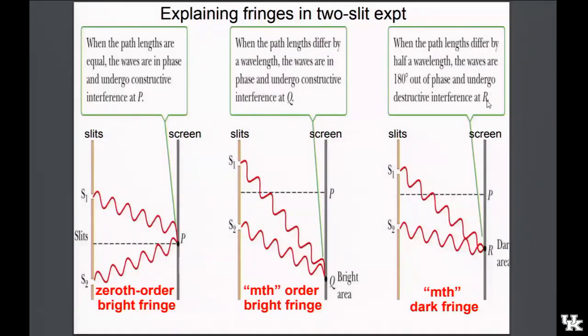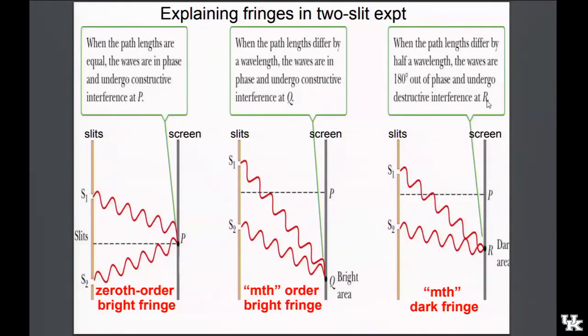So just to stress again, because that slide was so busy, so why not have another busy slide? You get bright fringes. Here's an example of a bright fringe. The 0th order bright fringe is when, for example, the path from the slit upstairs and the path from the slit downstairs is the same.